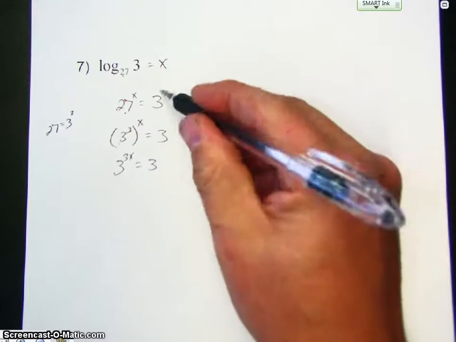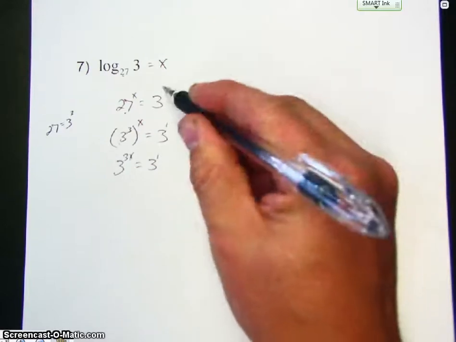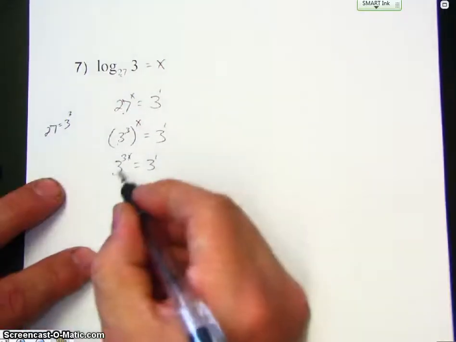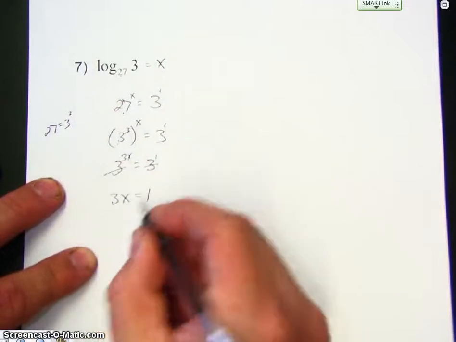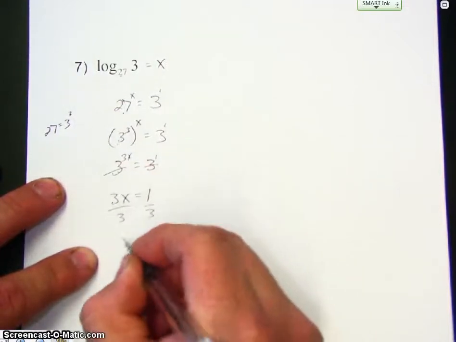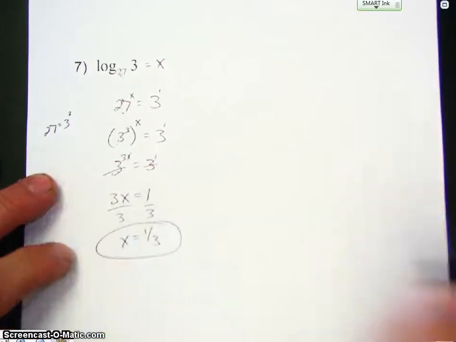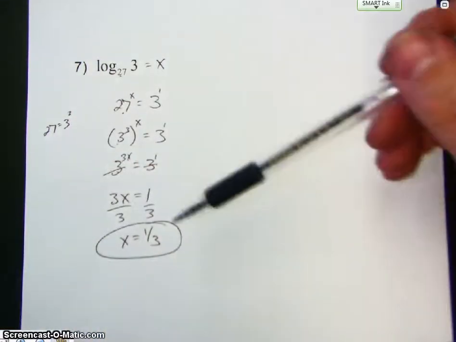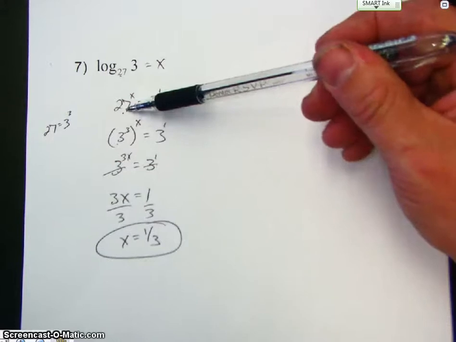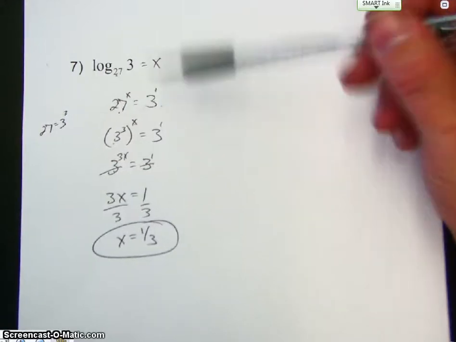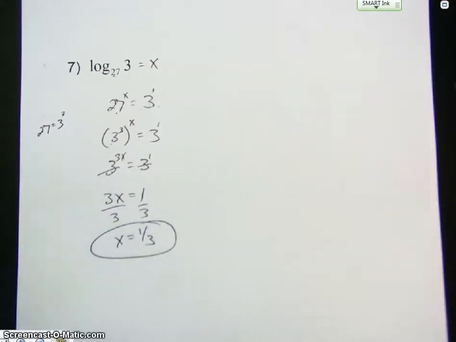What's understood here is a 1, we just don't have to write it. Bases are the same, so I can cross those bases out, so I have left 3x is equal to 1, and divide both sides by 3, x is equal to 1/3. Right? And I knew my answer is going to be less than 1 because here I'm going from 27 down to 3. So that means my exponent has to be less than 1.